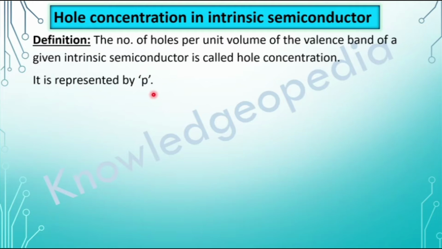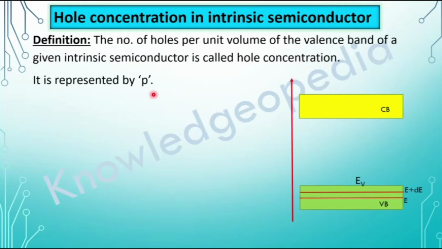The calculation for hole concentration is similar to the electron concentration calculation we did in the last class. For this, we will consider this energy band diagram. Here this is the valence band and this one is the conduction band.